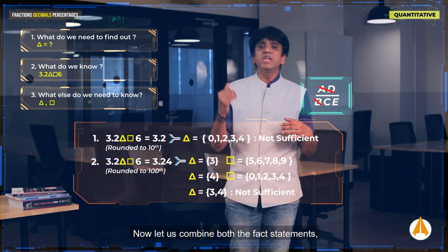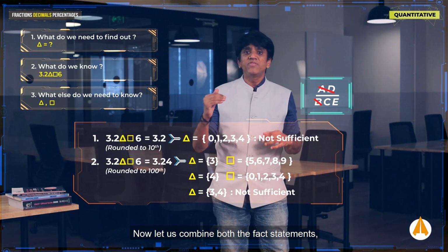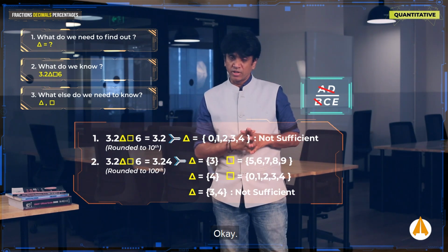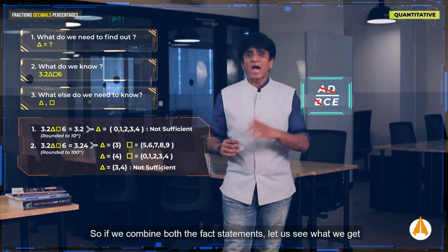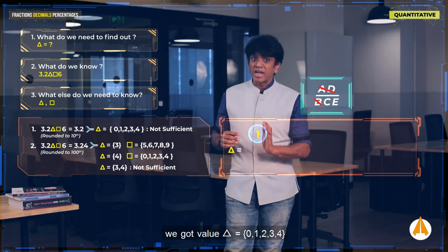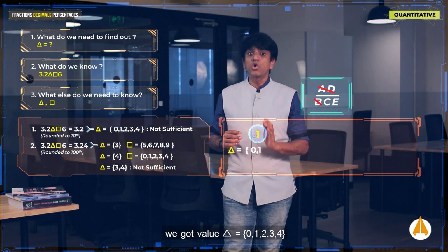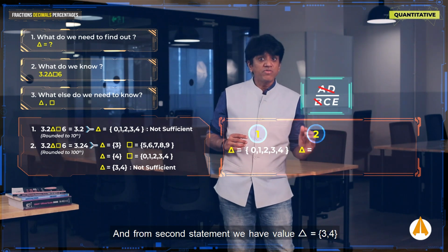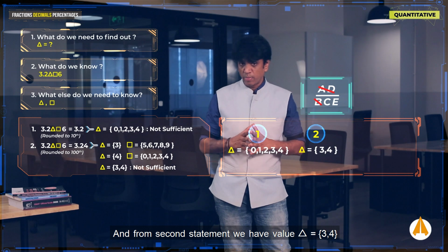Now let us combine both. Let us combine both the fact statements and see whether we can get a definite value for triangle. From the first statement, we got the value of triangle can be 0, 1, 2, 3, and 4, and from the second statement, the value of triangle can be 3, 4, right?